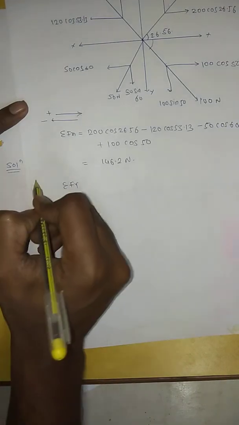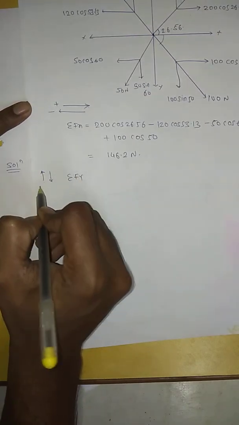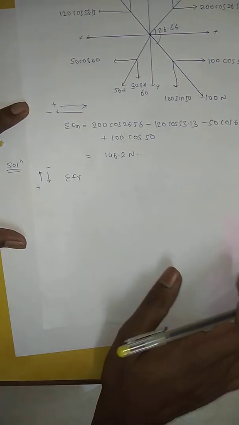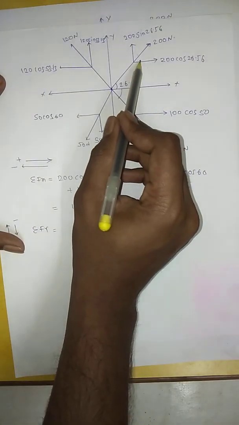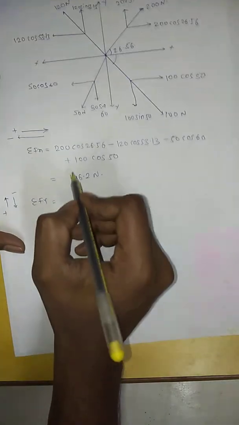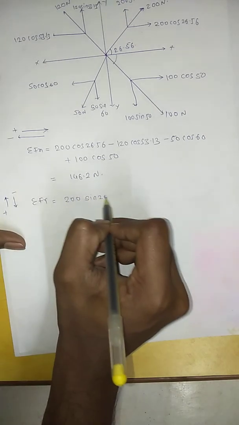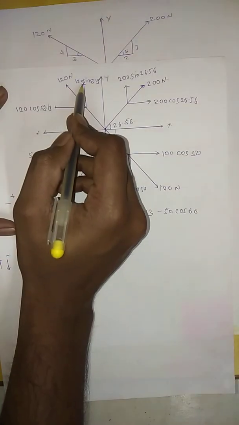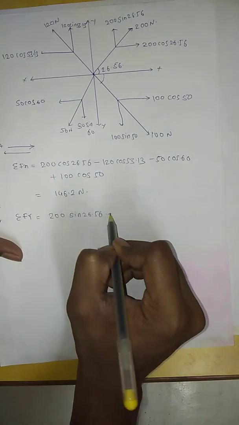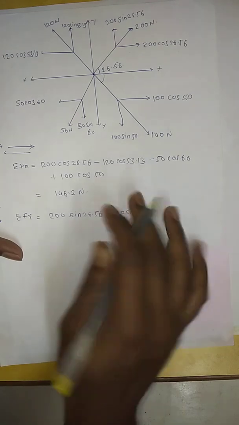Similarly, we have to do it for summation Fy. Summation Fy means vertical forces. Okay, if it is in upward direction, consider positive. If it is downward direction, consider negative. So first force is this. This is in upward direction, so we will take it as 200 sine 26.56. Now this is also upward direction, plus 120 sine 53.13.